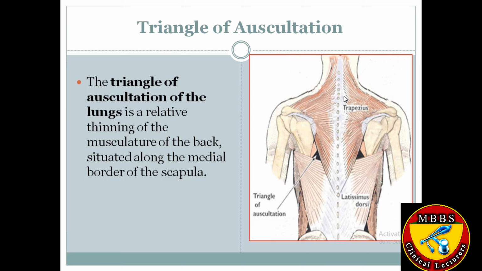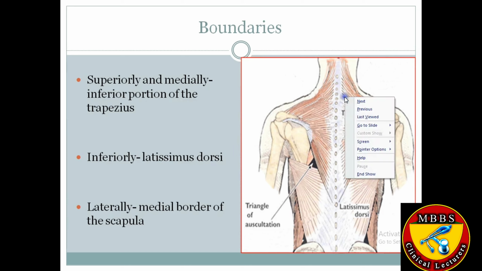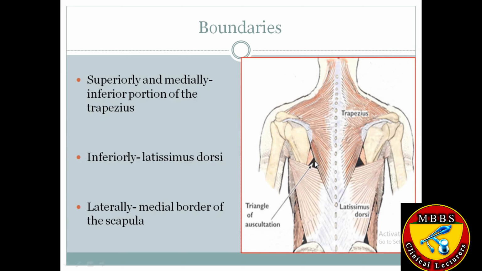Triangle of auscultation. The triangle of auscultation of the lung is a relative thinning of the musculature of the back situated along the medial border of the scapula. The boundaries of the triangle of auscultation are superiorly and medially the inferior portion of the trapezius muscle.